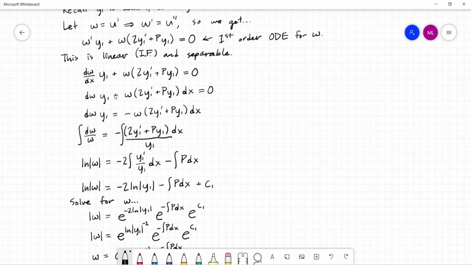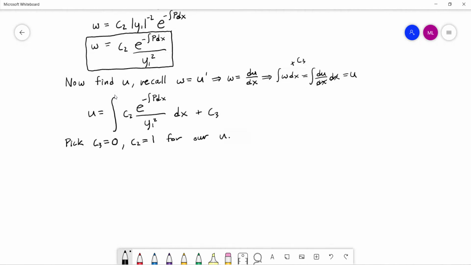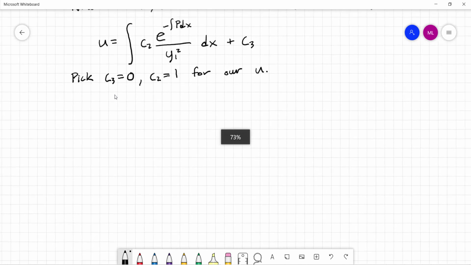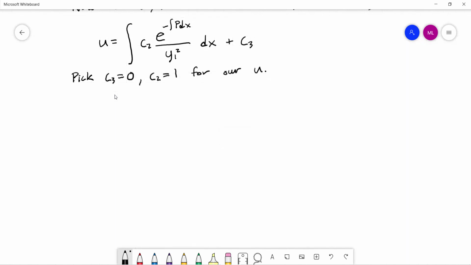We're going to have another constant later. So let's pick some convenient ones for the time being to get that u is equal to the integral of e to the negative integral of p dx over y1 squared dx. And again, this is now 0. This was 1.